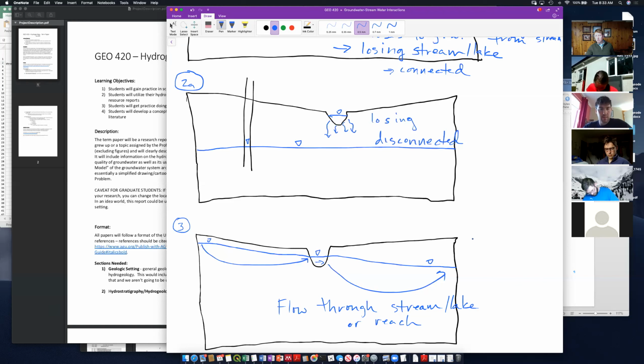All right, and here the water table's higher on one side, and lower on the other side.